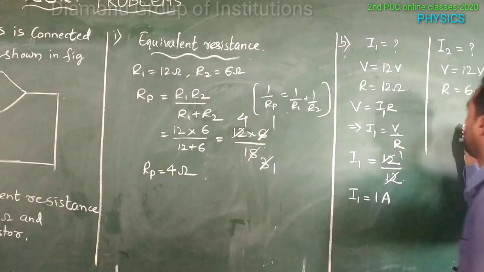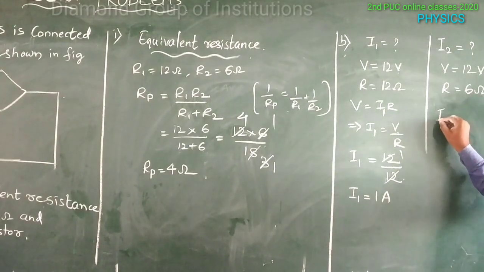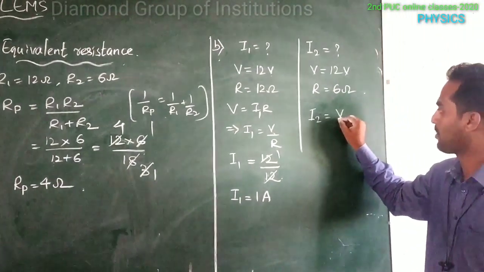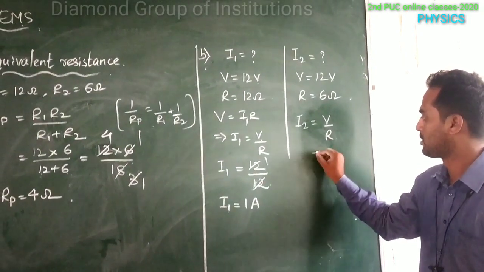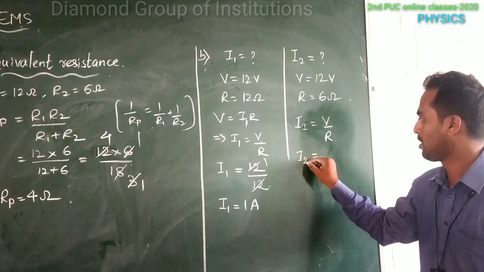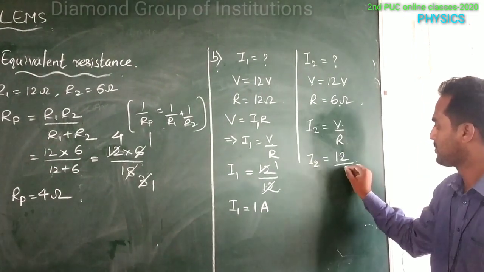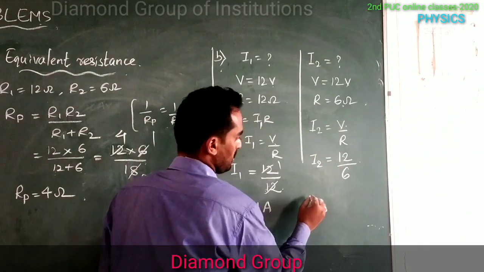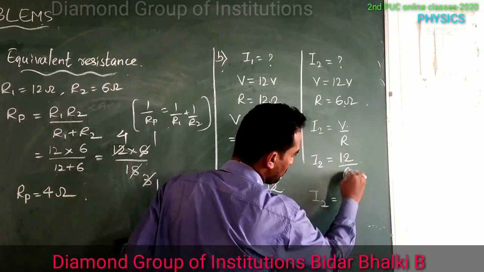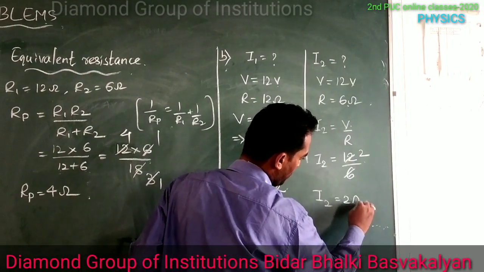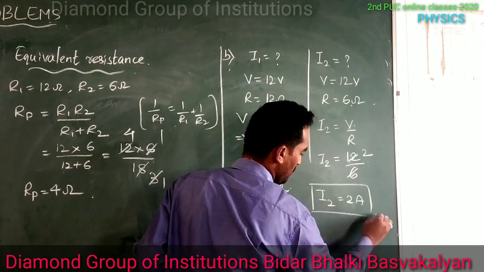And see here, one more branch current, that is I2. Again same formula V by R. So I2, what is the value of V? 12 and by 6. So I2 becomes 2.